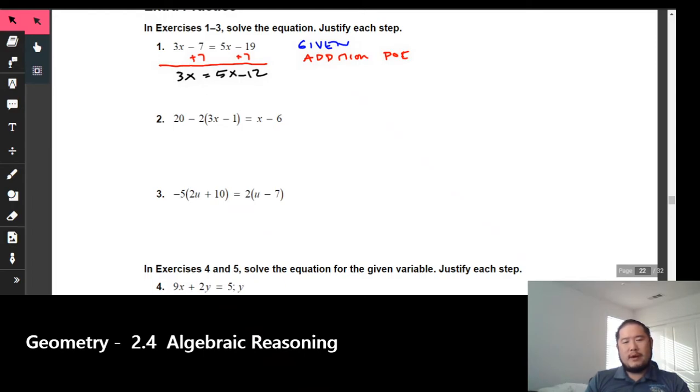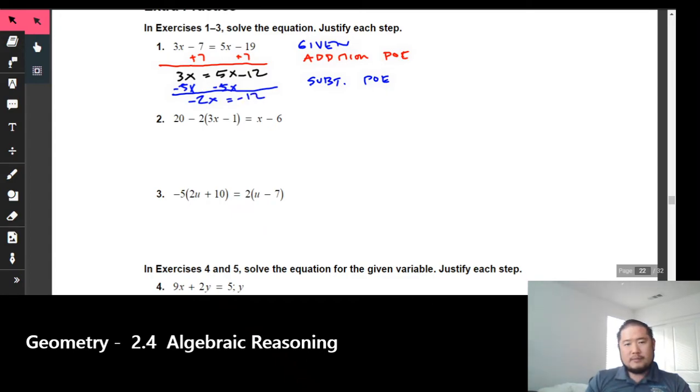Next up, if I want to get x by itself, we can go ahead and subtract 5x from both sides. So I have now the subtraction, and I'll abbreviate that, property of equality. So now I have negative 2x is equal to negative 12.